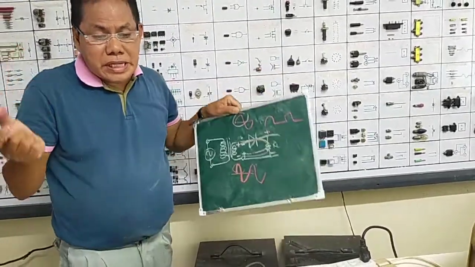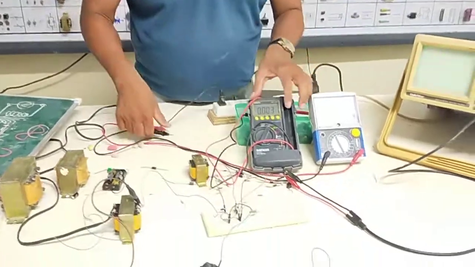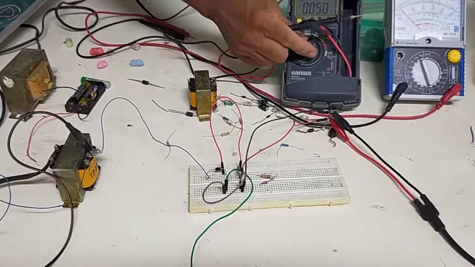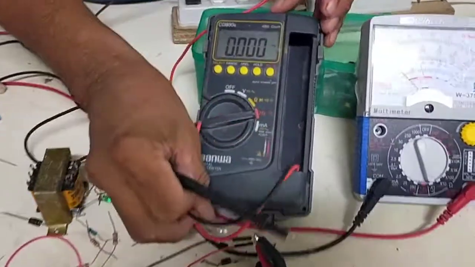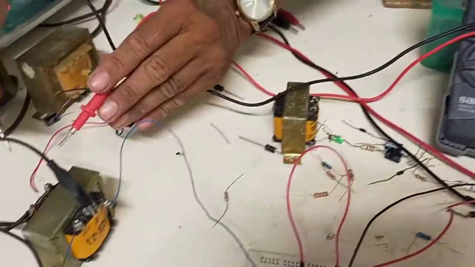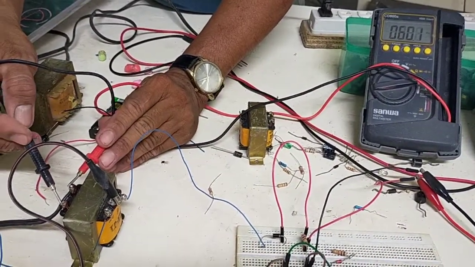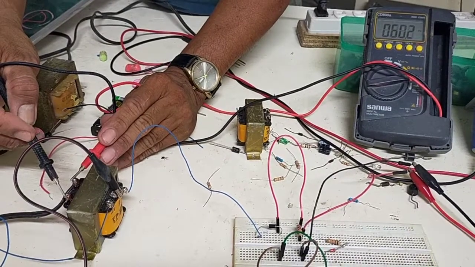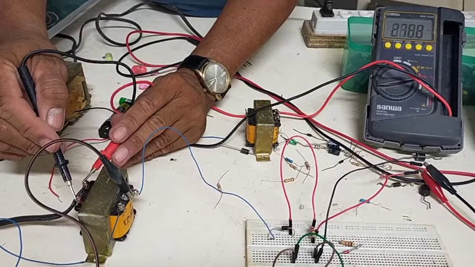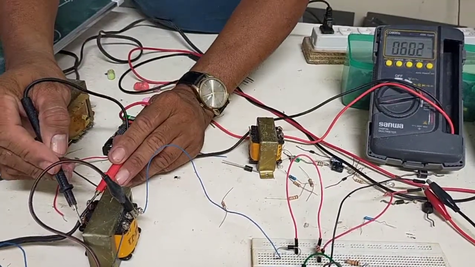Actually, if we try to measure the frequency of this voltage here, set the digital multimeter to hertz for measuring the frequency. The frequency at the output of the outlet is 60 hertz.